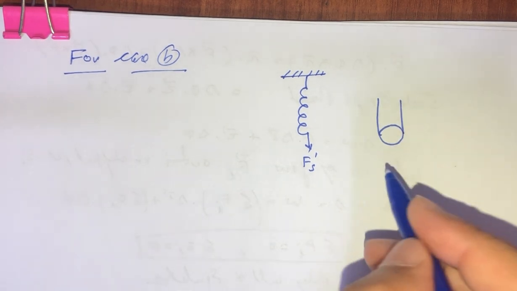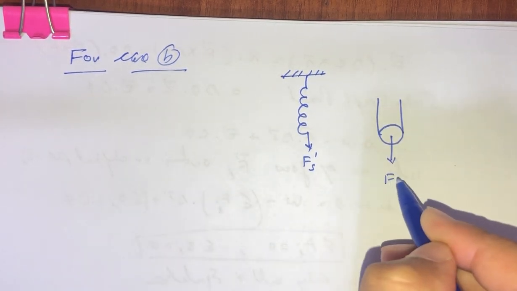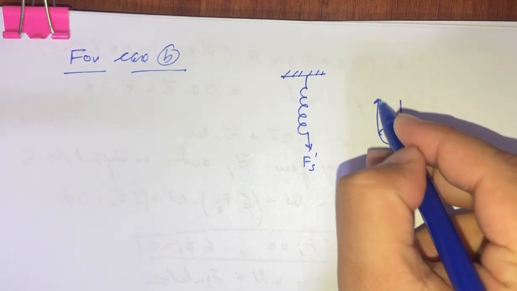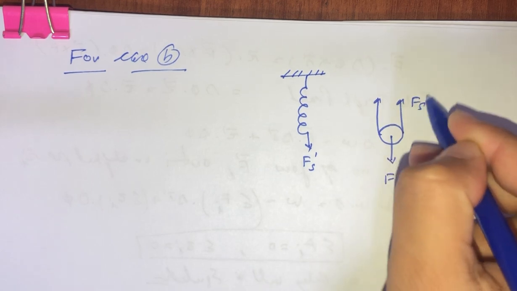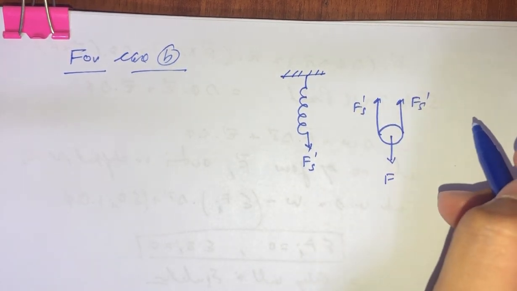So we have a force F that is acting in downward direction, and we are going to have Fs prime on both sides.